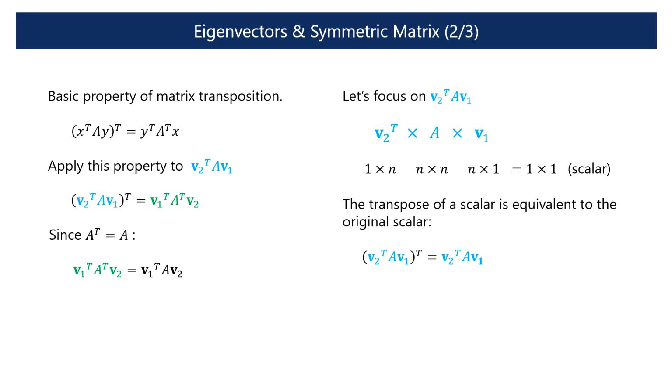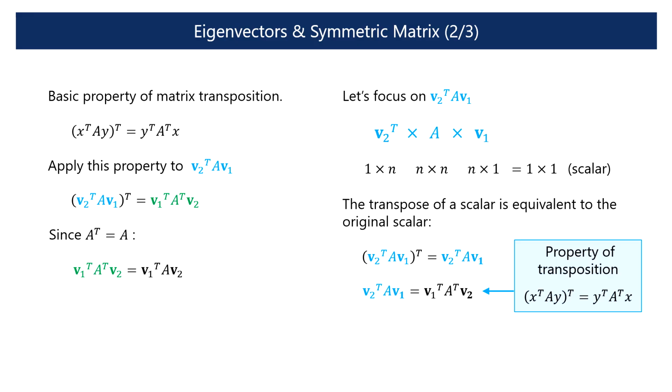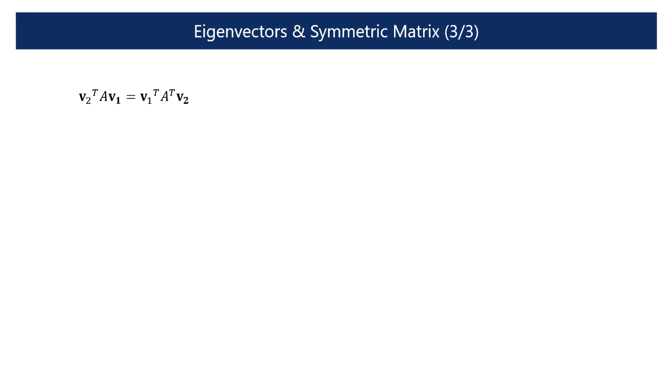Since the transpose of a scalar is equivalent to the original scalar, we obtain this equation. Using the property of transposition, we can rewrite the equation in this way. Let's continue with this equation.